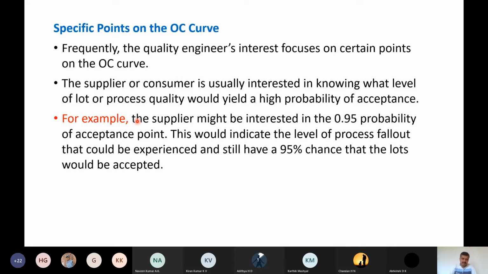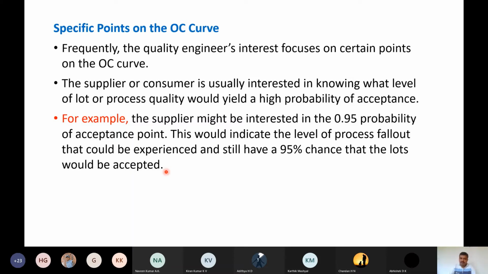For example, the supplier might be interested in the 0.95 probability of acceptance point. This would indicate the level of process quality that could be experienced and still have a 95% chance that the lots would be accepted. The meaning of this is that the supplier wants to maintain a quality level by making use of this OC curve.